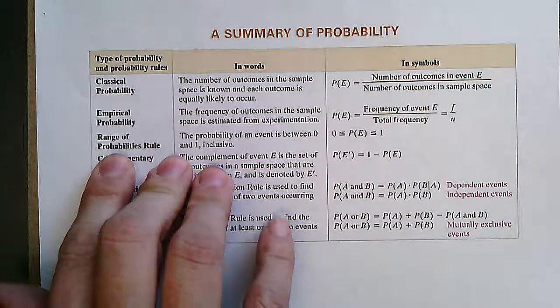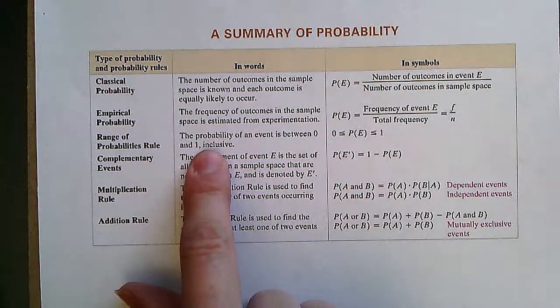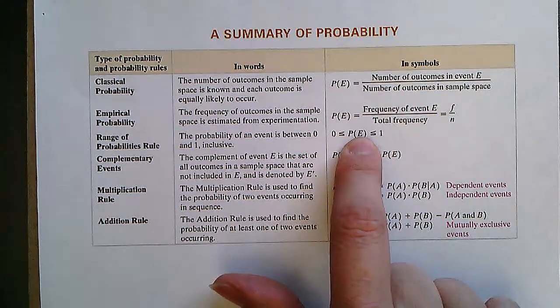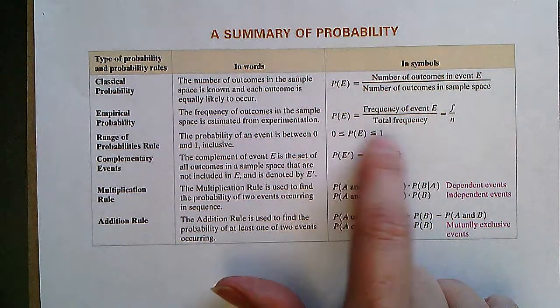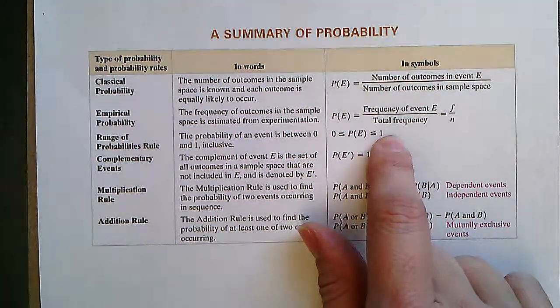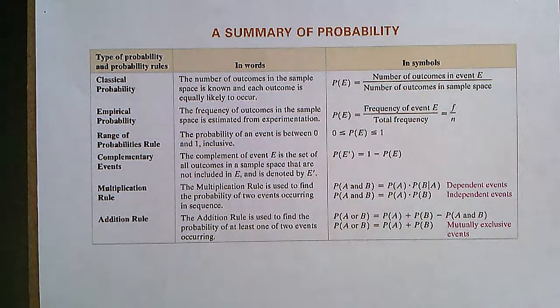I don't think that I specifically stated the range of probabilities rule, but all probabilities have to be between 0 and 1. If it's equal to 0, it's an impossible event. If it's equal to 1, it's certain to occur. But all other probabilities have to fall between 0 and 1.